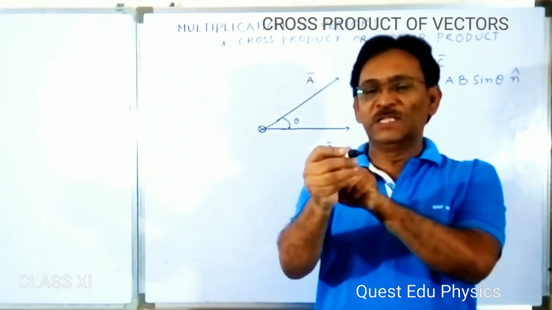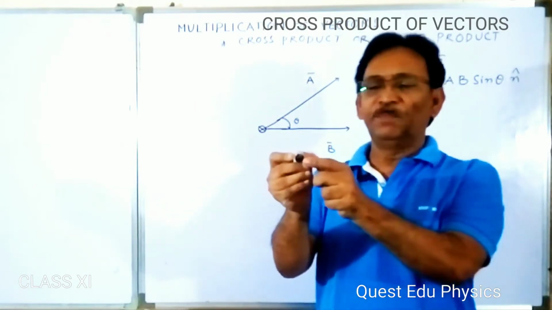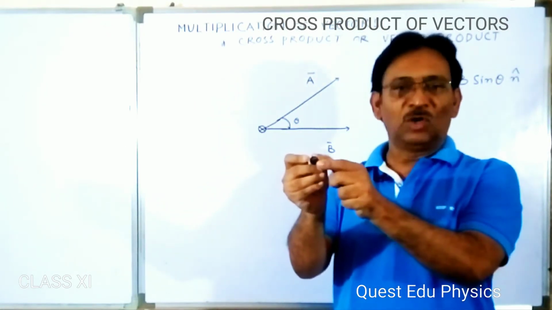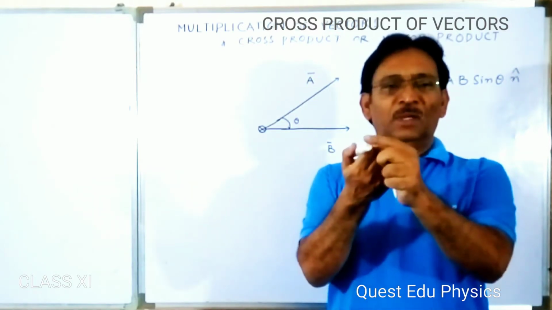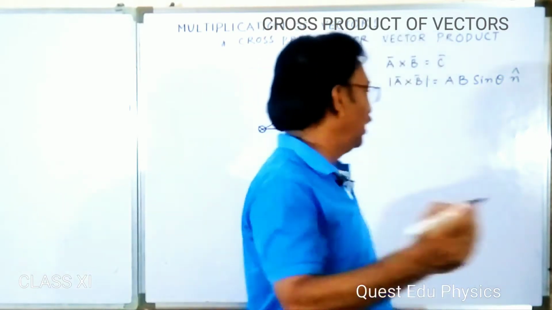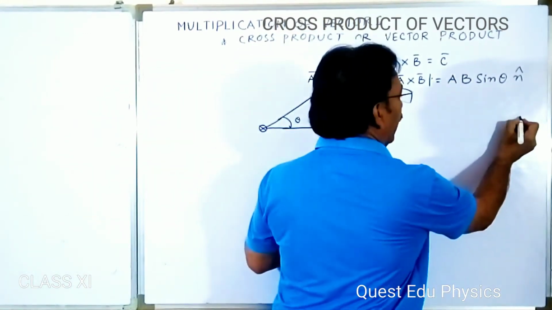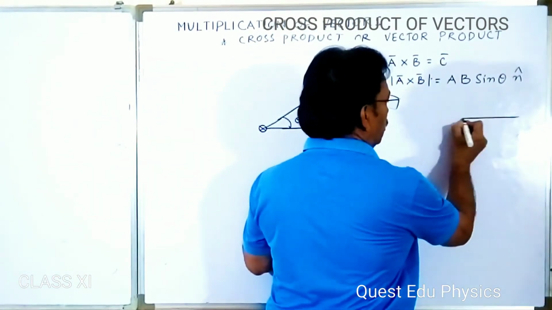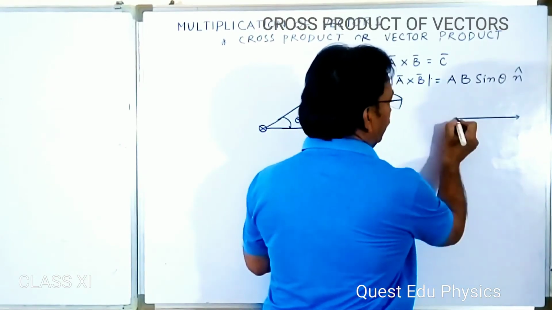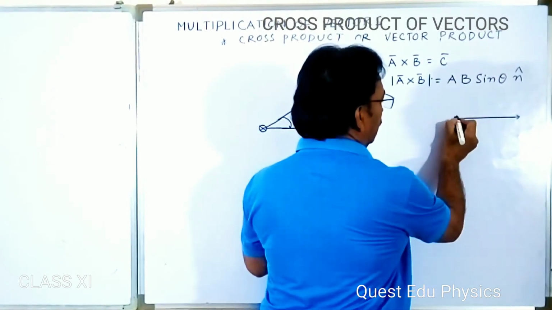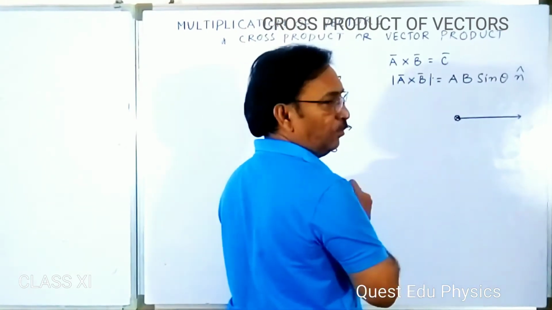If I turn this arrow in this way, the tip appears like a dot, and if I turn it the other way, the tail appears like a cross. Generally, an arrow is drawn like this. Here it is the tip and it is the tail.